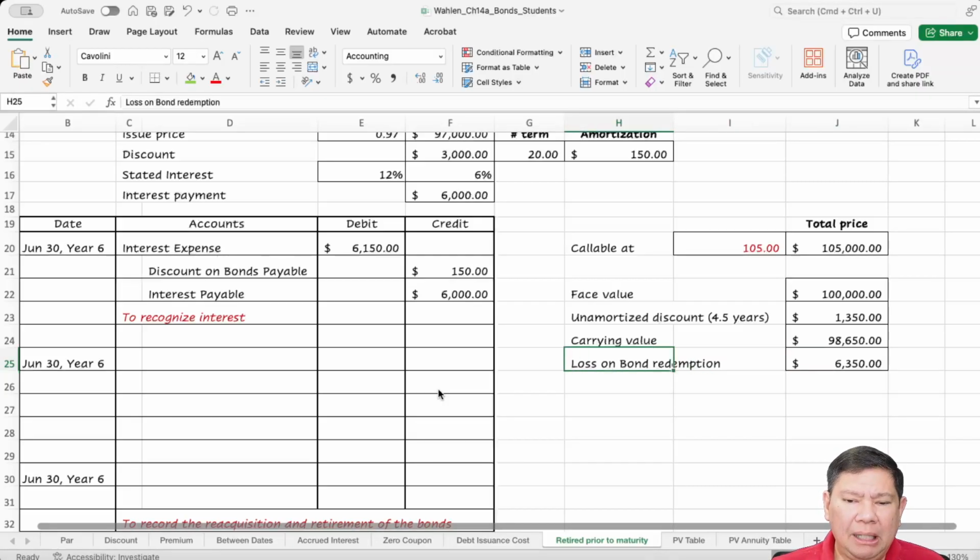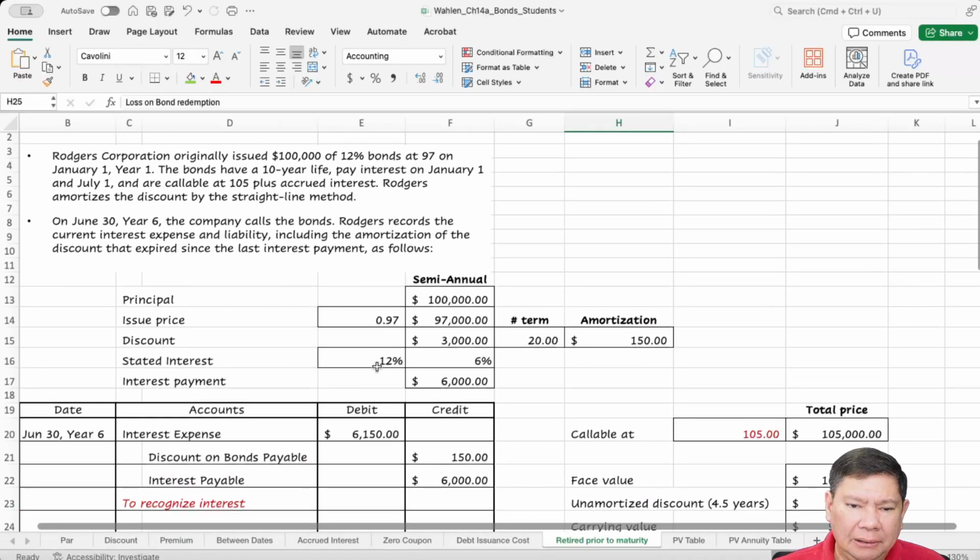Why would companies do that? Well, think about it. When they issued the bonds, they promised 12% interest every year. Let's say at this time, they can issue bonds with 6% interest.